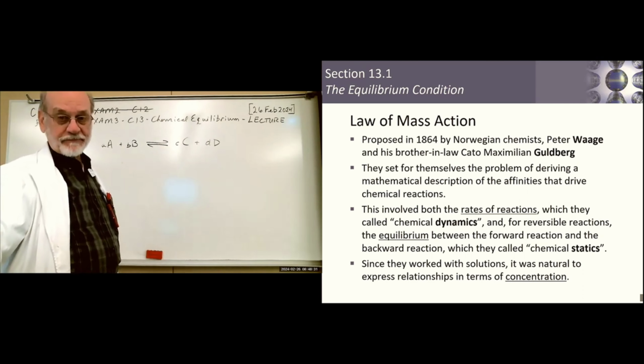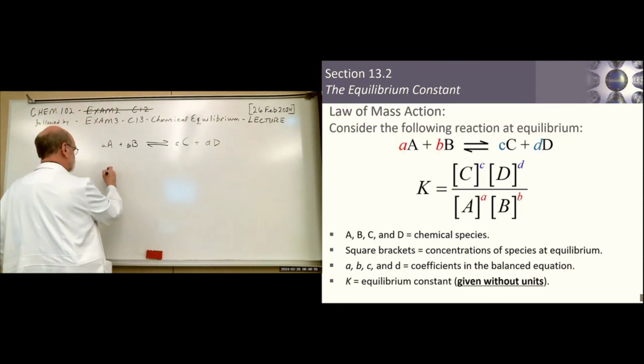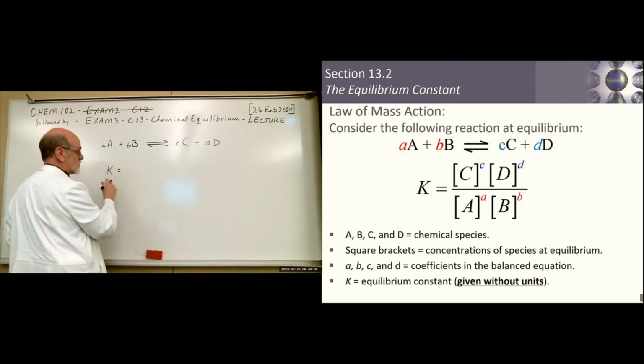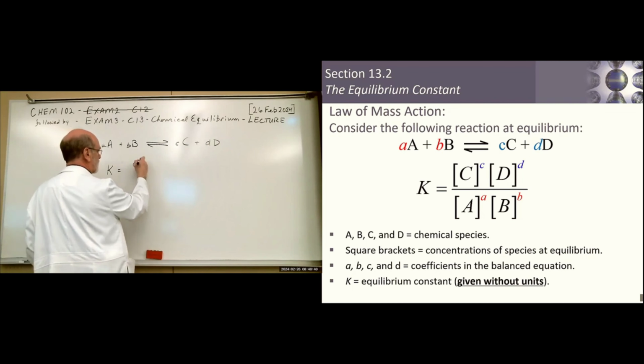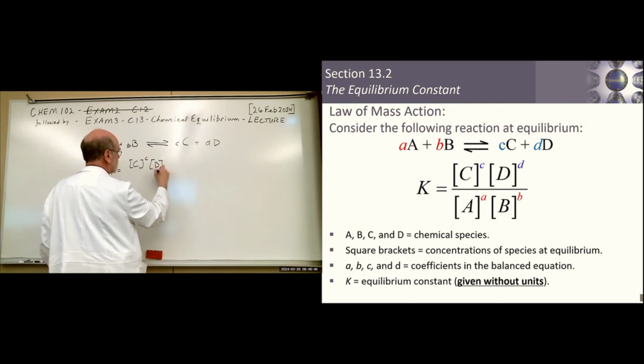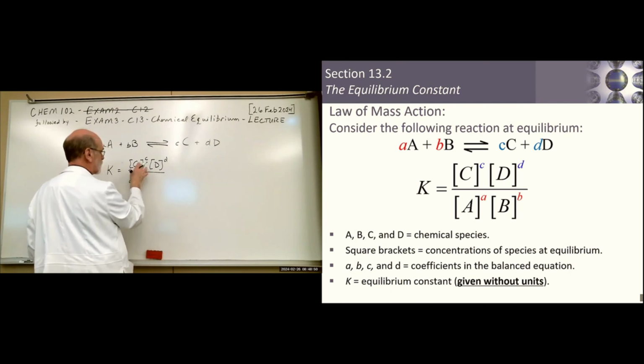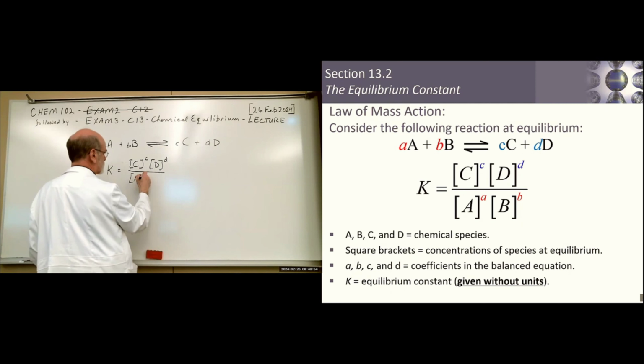And when they did that, they noticed that this expression is a constant. Molar concentration of C raised to its coefficient times the molar concentration of D raised to its coefficient in the numerator. Then in the denominator, we put the reactants.